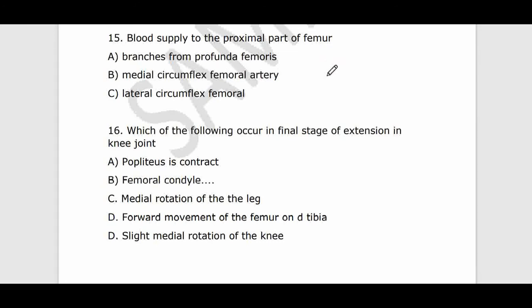So it's like you have the femoral artery, then you have the profunda femoral artery, this being now the superficial femoral, and then the profunda femoral artery gives rise to the medial and the lateral circumflex.